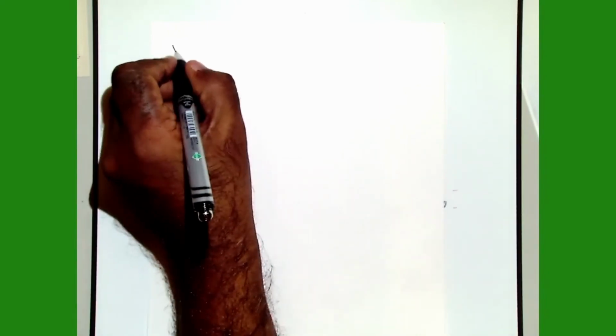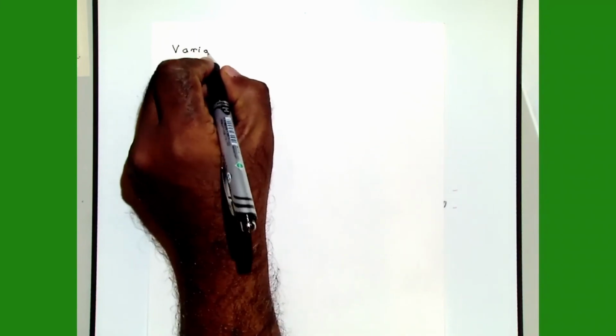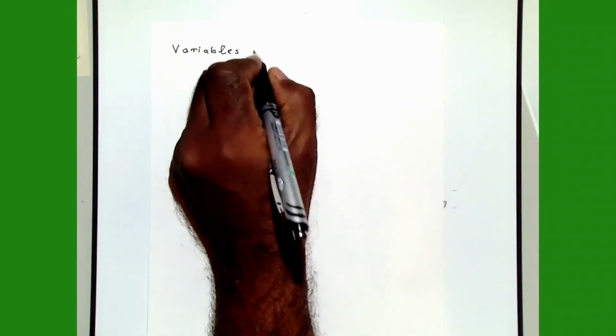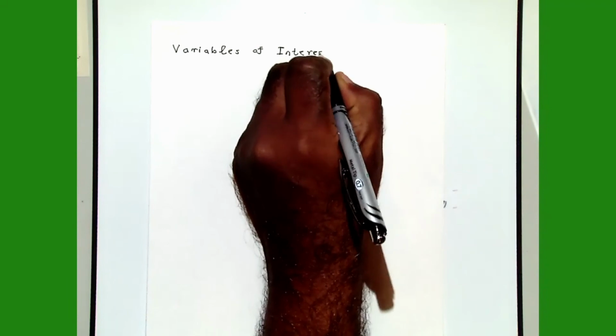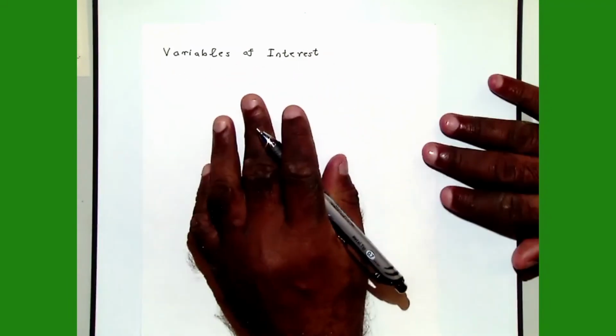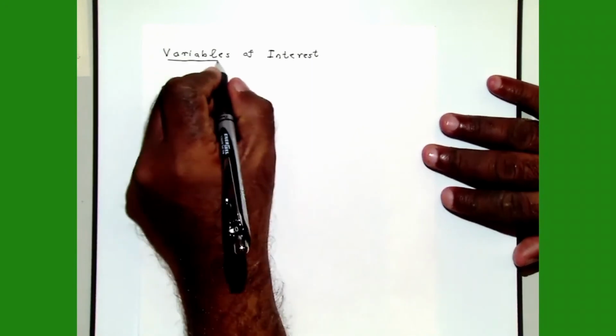Right. Now, before we go to the 6 different cases, we need to ask ourselves, what do we want out of the portfolios? In other words, what are the variables of interest?